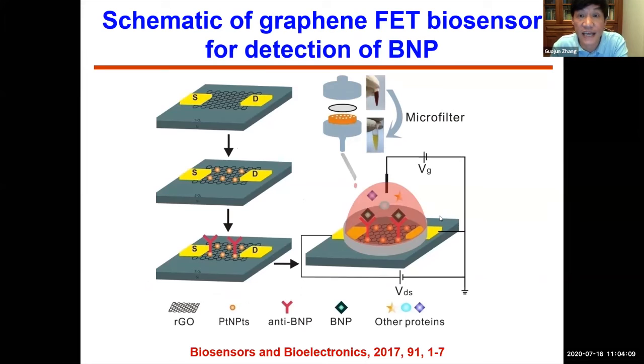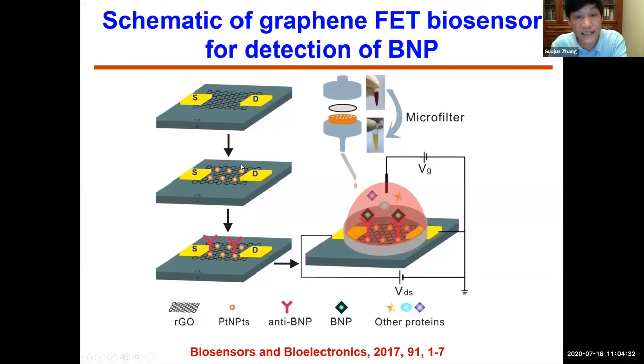So the second example I show you here is that we use this graphene FET biosensor to detect BNP. BNP is a disease biomarker related to heart failure. Similar to the previous work, this is a graphene FET.